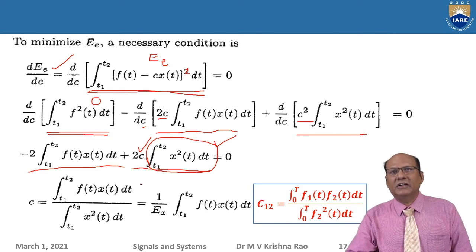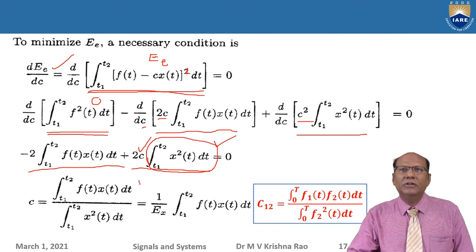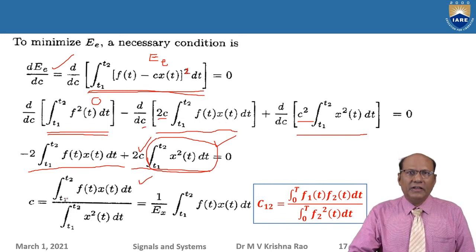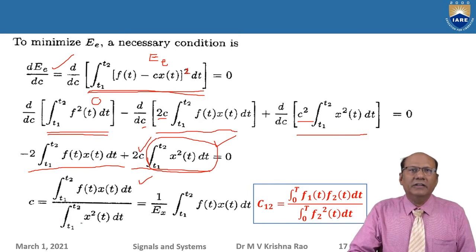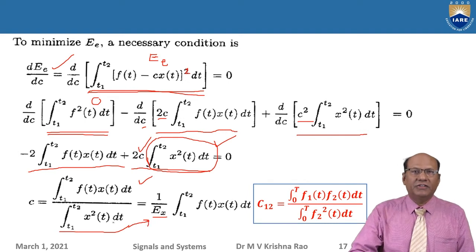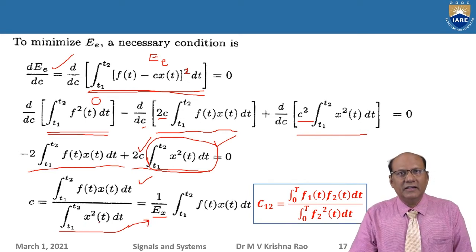By rearranging the terms, I will get c equal to the integration from t1 to t2 of f of t into x of t dt, divided by the integration of x square of t dt between t1 and t2. So this quantity is nothing but Ex. What is Ex? Energy contained in the signal x.